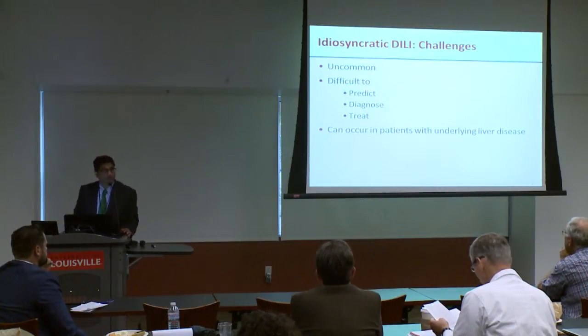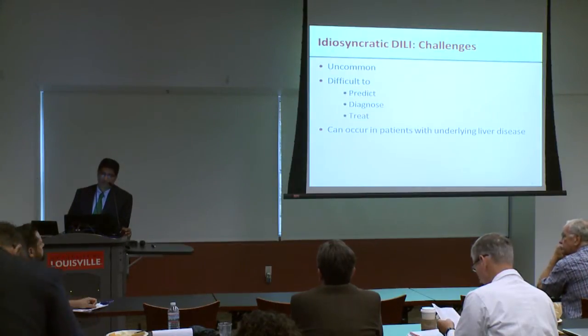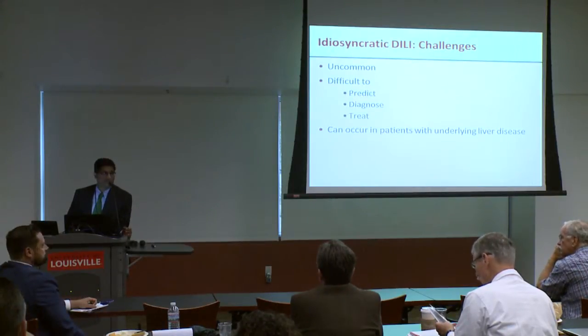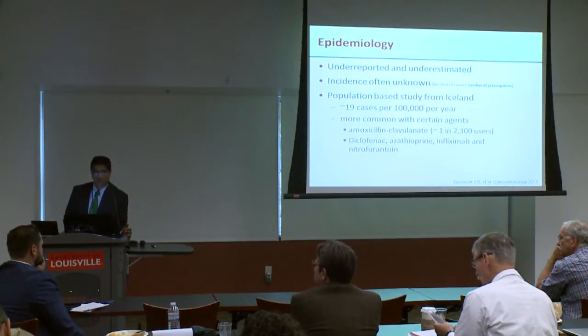Now, idiosyncratic drug-induced liver injury, the challenges are many because it is very uncommon, it is difficult to predict, it is difficult to diagnose, and we don't have any standard of care with regard to treatment. And also, as I said earlier, it can occur in patients with underlying liver disease.